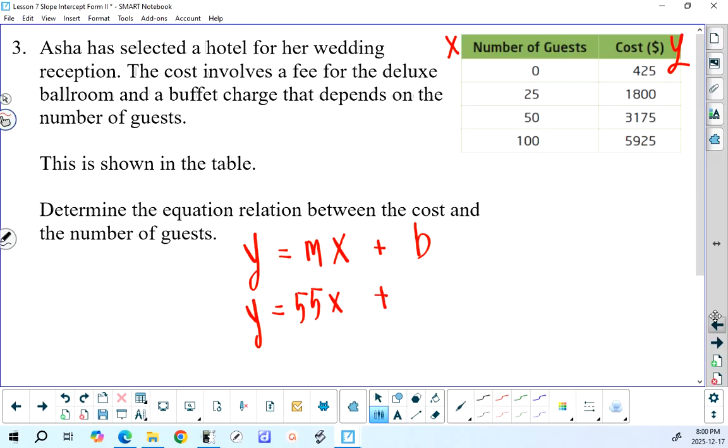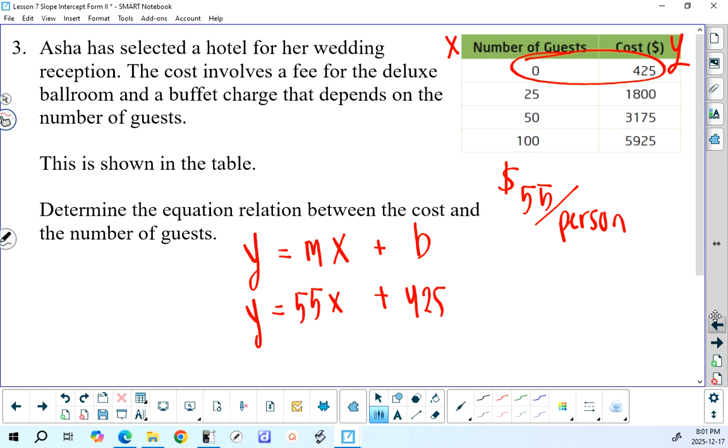Well, the y-intercept is given to us right here. The y-intercept is the value of y when x is 0, and that's 425. And if I asked you to interpret this equation, the 55 for a slope is $55 per person. That's for the buffet.